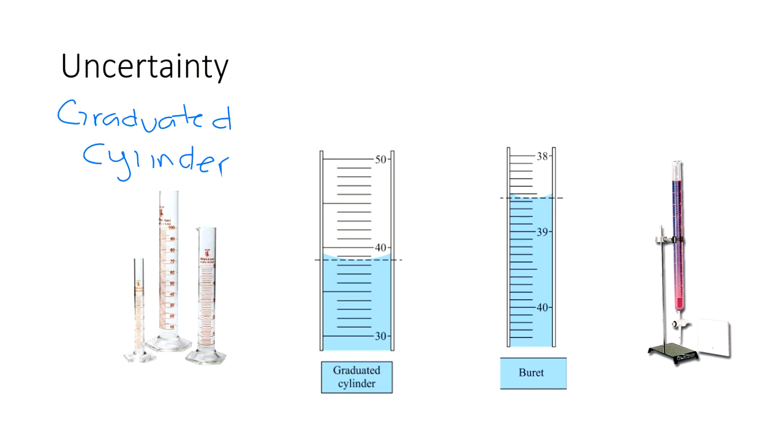And over here we have what we call the burette. There are some differences between the graduated cylinders and the burette. Both are used to measure volume, but you have, for example, 10 milliliter, 25 milliliter, 50, and 100, different sizes.